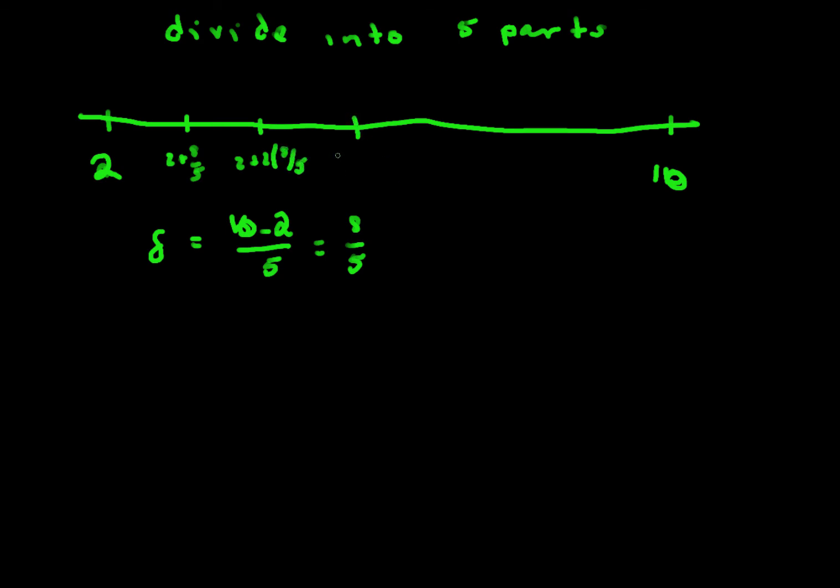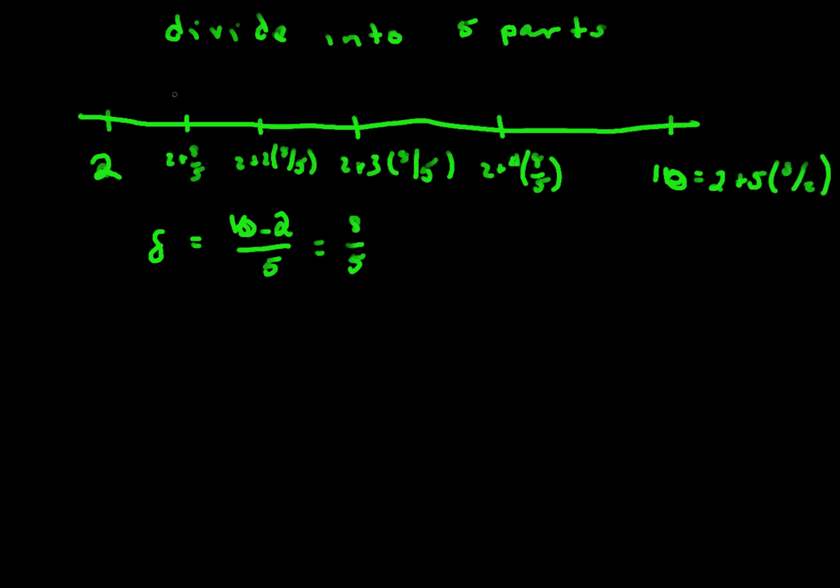Then into another piece, it would be 2 plus 3 times 8/5. And I didn't do this quite well, but then finally this would be 2 plus 4 times 8/5. And the last end piece, which is 10, is equal to 2 plus 5 times 8/5.